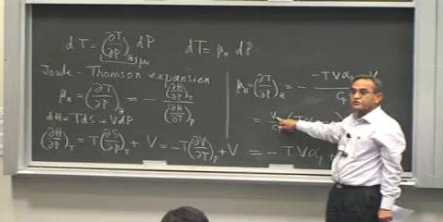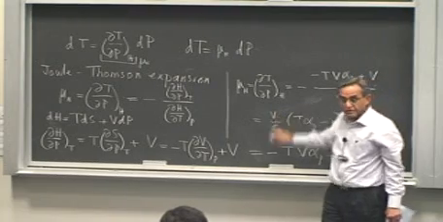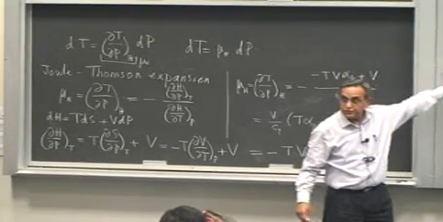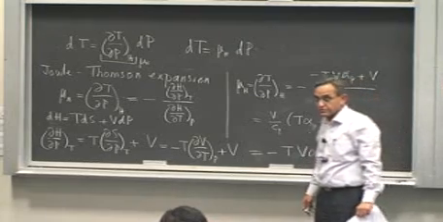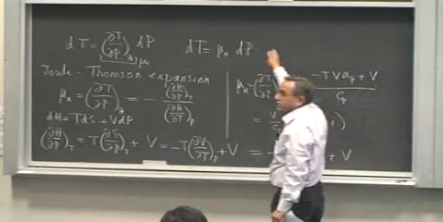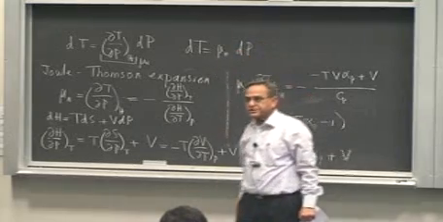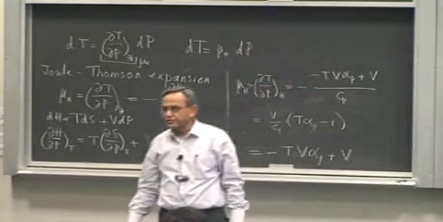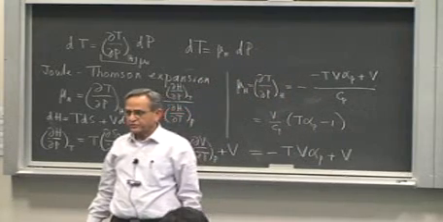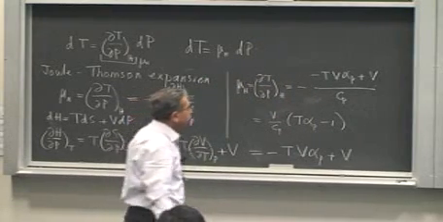Obviously you will not use the ideal gas equation of state, because for an ideal gas we already saw that this is equal to 0. So this is going to be for a real gas, and the integration will be from T1 to T2 and P1 to P2. Okay?